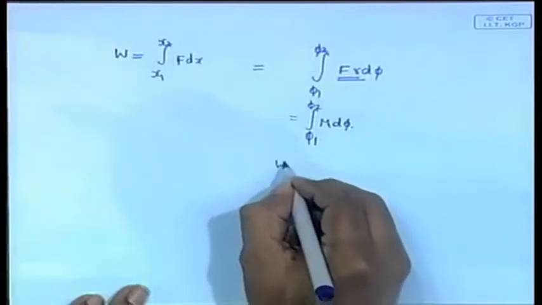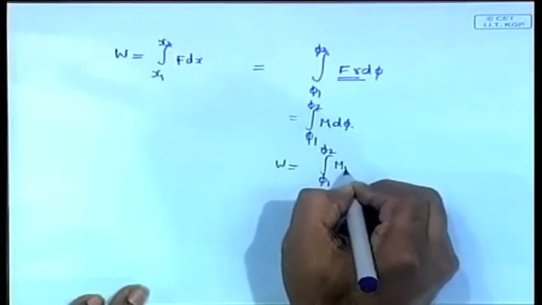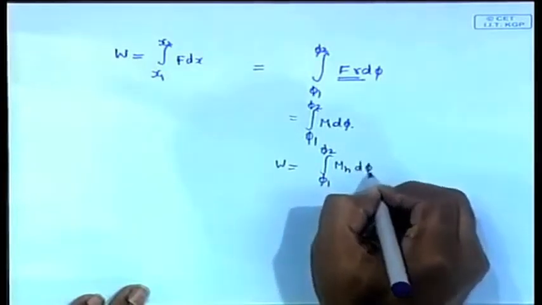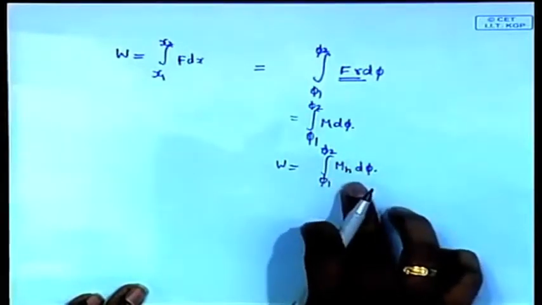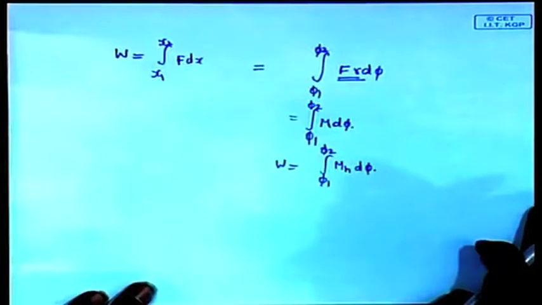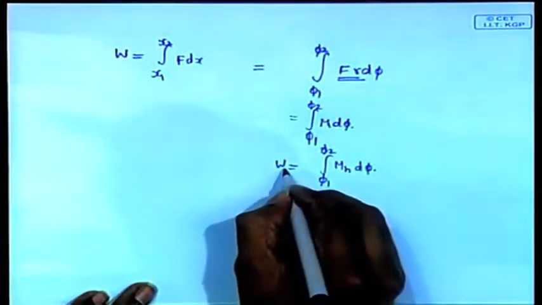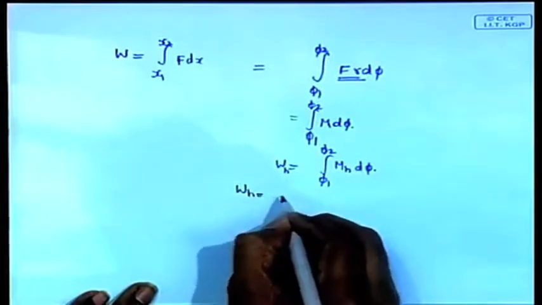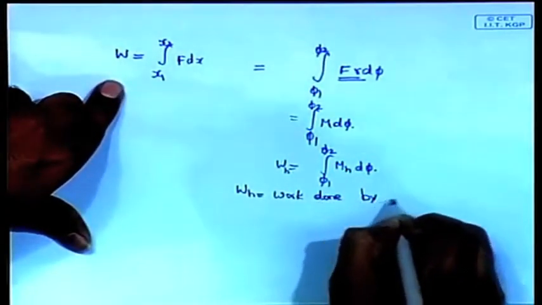Therefore the work done by the heeling moment can be given as the moment due to the heeling, the heeling moment Mh, into d phi. This will give you the work done by the heeling moment. Now similarly, the work done by the righting moment will be, this Wh is the work done by the heeling moment.